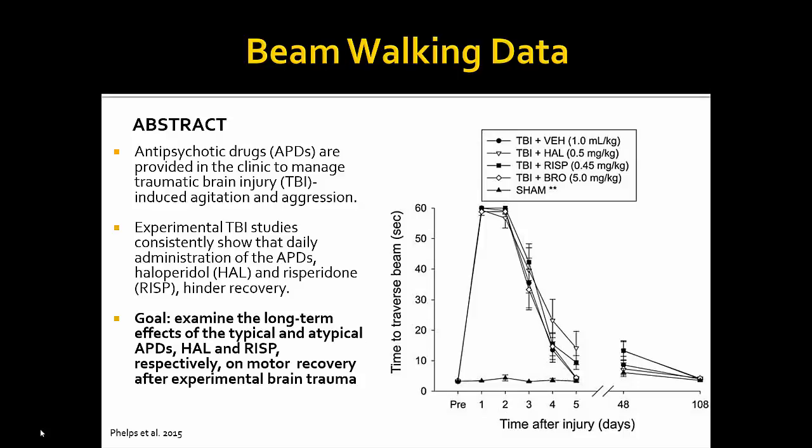And so you can see that, in this case, the drug had no effect. And you wouldn't have really known that unless you kept your control. You had your sham animal with your control and then your TBI and vehicle.